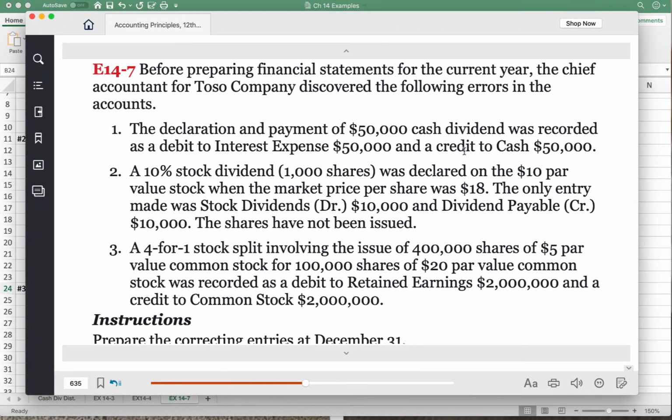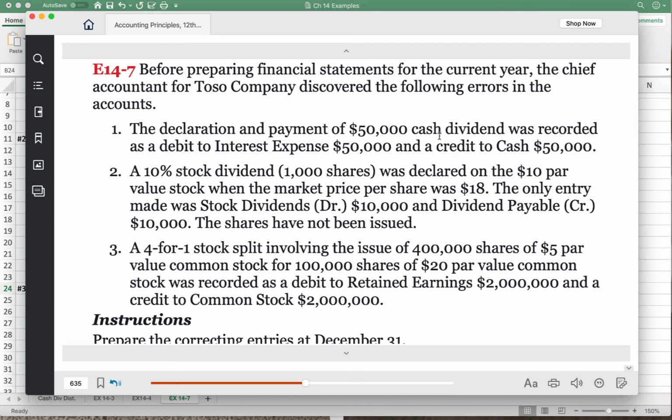A 4-for-1 stock split involving the issuance of 400,000 shares at $5 par value stock for 1,000 shares of $20 par value common stock. We recorded it as a debit to retained earnings of $2 million and a credit to common stock of $2 million.